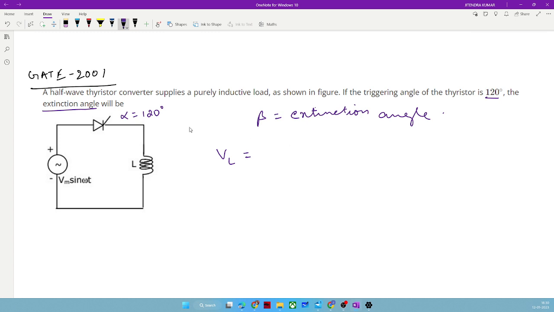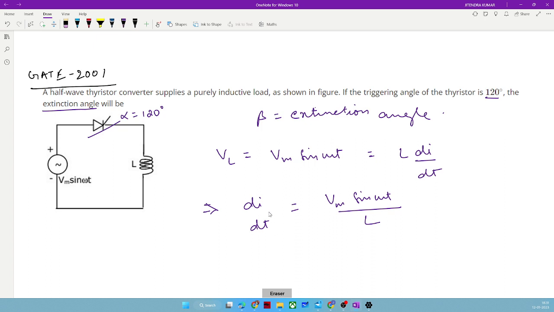So VL, when this thyristor is fired, is Vm sine omega t equal to L di by dt, and this di by dt is nothing but Vm sine omega t by L. If I integrate on both sides, 0 to IL and dt from 0 to t.